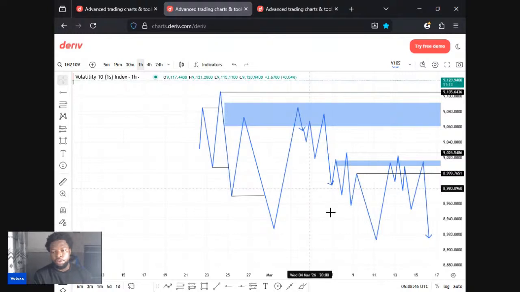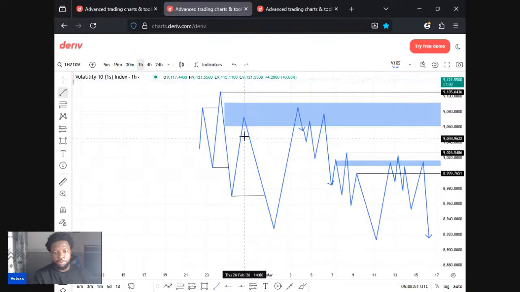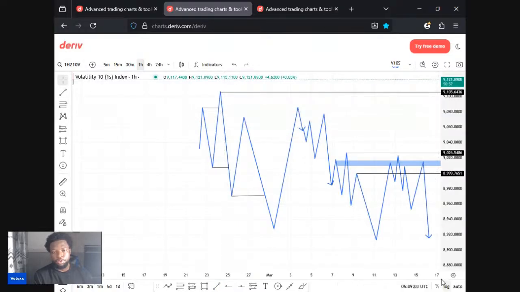This becomes your what? Let's say you have a continuation like this. This becomes your... if this is your 4 hour time frame or 24 hour time frame, and then you look for continuation on the 1 hour time frame. Say for example, this is the continuation that price gives you.